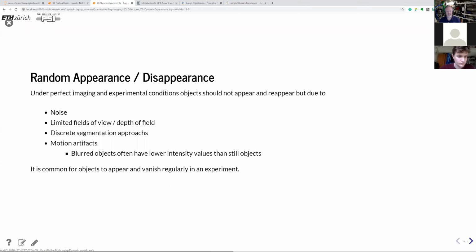Another thing to think about is that usually the data is never nice. You have signal to noise ratio to play with, you have limited field of view, you maybe cannot even see the full depth of field. We have problems with the segmentation. Sometimes we don't segment the right things. And then on top of it, as we are talking about time series, you have motion blurring, so you get motion artifacts.